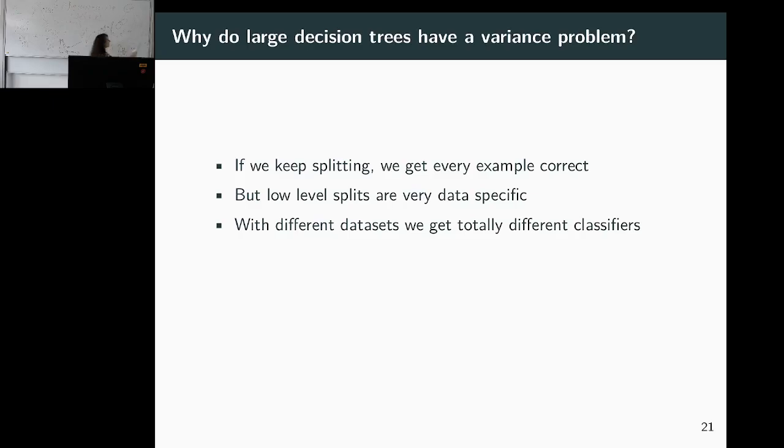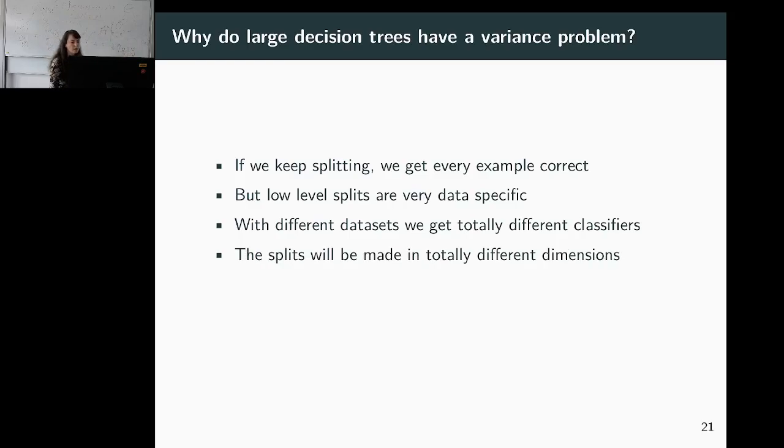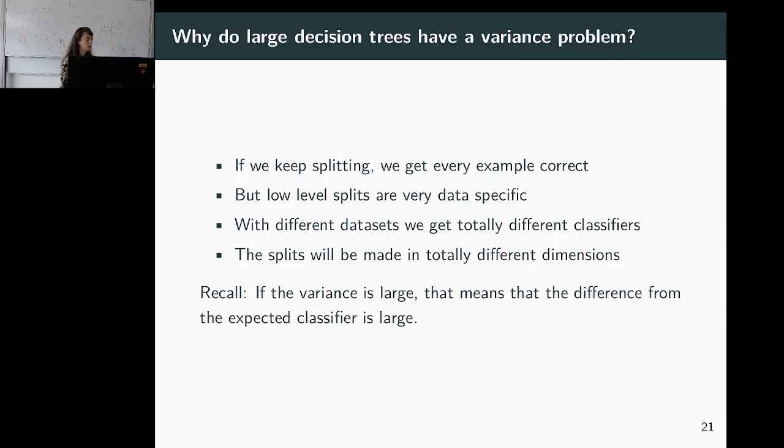This is where the problem occurs, because the splits will be made in totally different dimensions, asking for other features, and so on. So this is the problem: lower level splits.